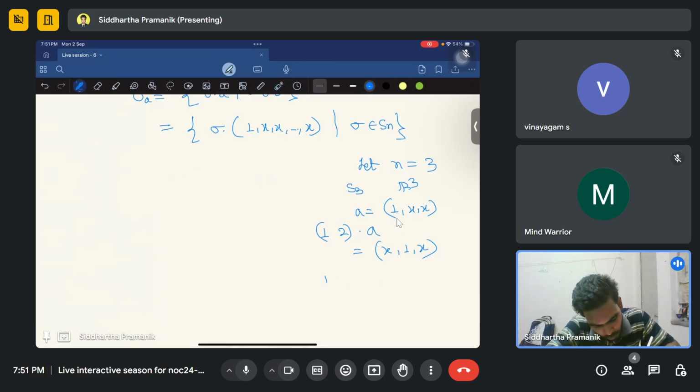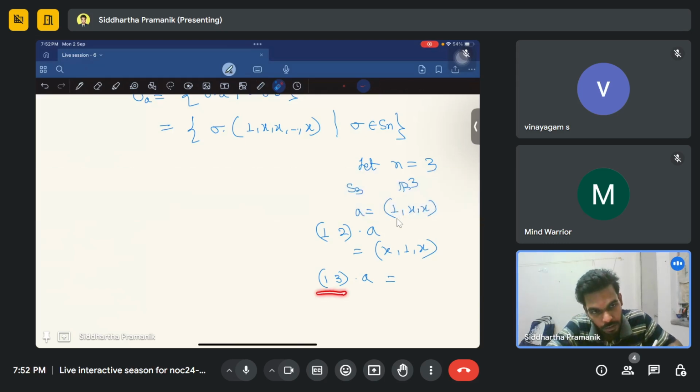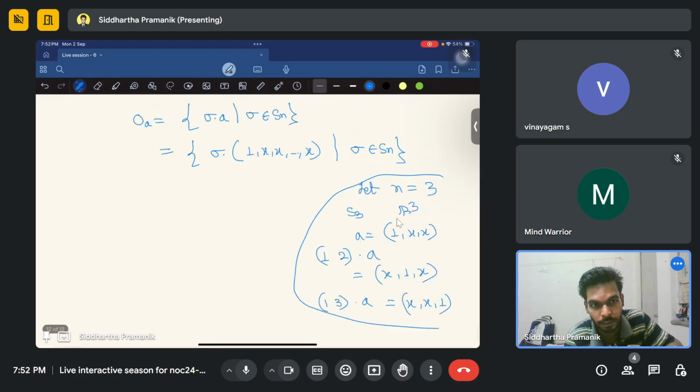So what is (1 3) of A? So first coordinate 1 goes to 3 means first coordinate should go to third coordinate. So it is just x, x, 1. So basically now can you guess what is the orbit?